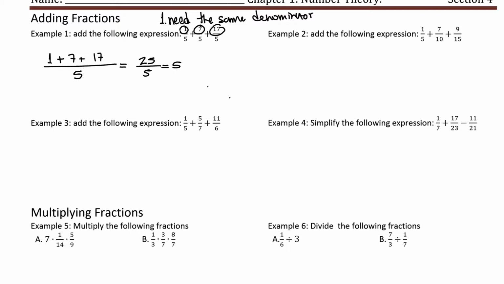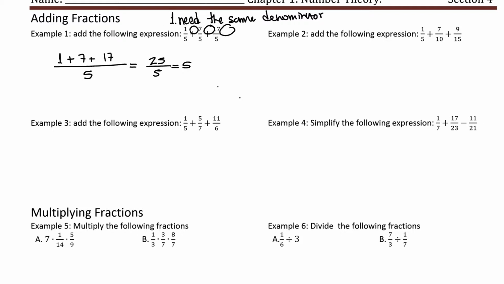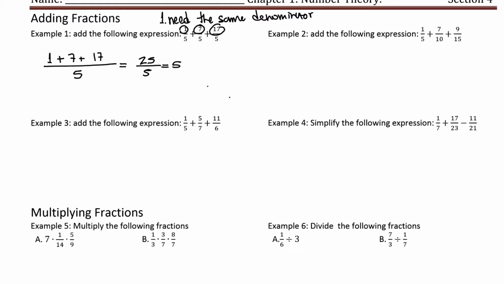Now in example 2, we have fractions with different denominators. Our first step is going to be to figure out how different they are and to make them the same. In order to do so, the first thing that you're going to do is rewrite them with the composite denominators broken apart.